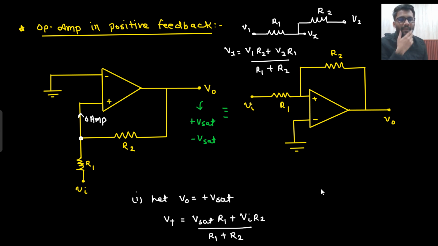Right? Now, if your V positive is greater than V negative, then only output will be plus Vset. This is what you are assuming, that your output is initially plus Vset. But your assumption will be true only when your V positive is greater than V negative. What is my V positive?